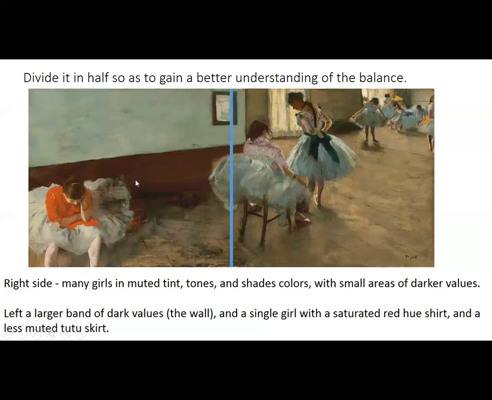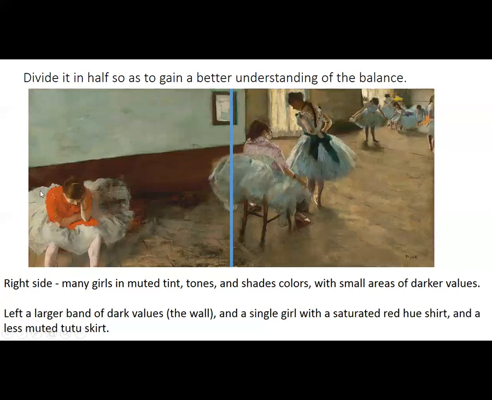And then on the left side, we have these muted colors, but we also have those big, large, brown, heavy bands of wainscoting. Then we have the girl, her tutu is less muted because it's getting more light than the ones on the right.